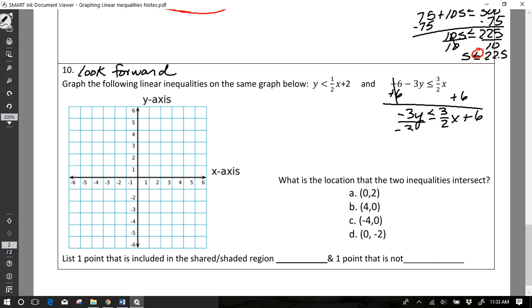Okay, and then divide by -3 everywhere. And y is less than, actually, I need to apply the golden rule here because I divided by a negative. So the golden rule is going to rotate that inequality.